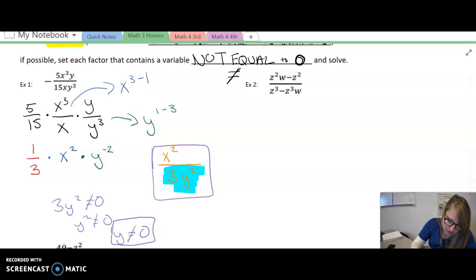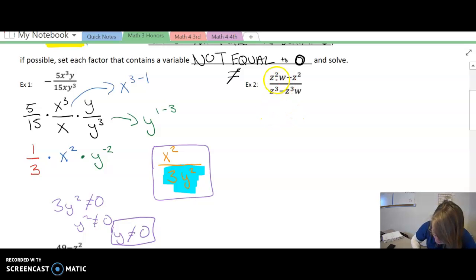All right, so now let's look at example number 2. This one's a little bit different. We have a minus sign in the bottom and in the top. My first instinct is to take out any GCFs that I can see. I can take a GCF out of the numerator and the denominator.